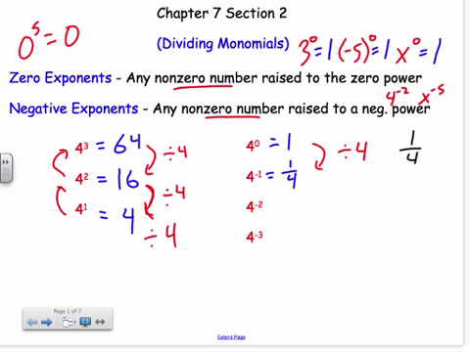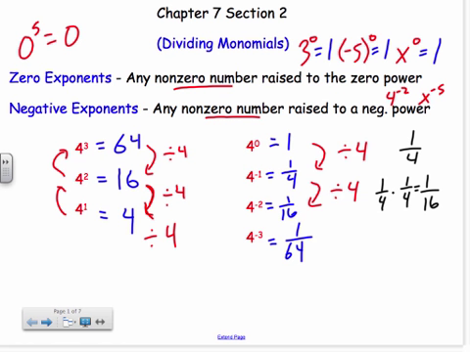Same thing again, we're still just dividing by 4, or essentially multiplying by the reciprocal. 1/4 divided by 4 is the same thing as 1/4 times the reciprocal, which is 1/4, to give us 1/16. And I bet you can guess that we're just multiplying the denominator by 4 each time to give us 1/64. We're going to show a little rule with that in a second. That'll save us some time, so we don't have to think through this.